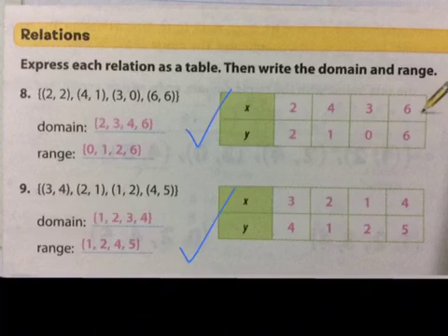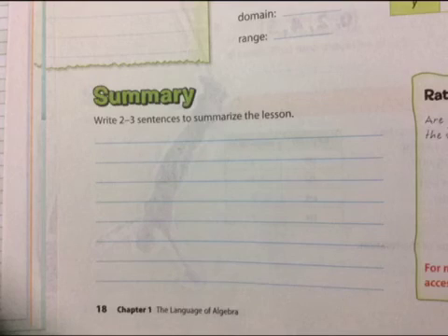Let's write a summary. Okay, for this one, I'm just going to tell you what to write, or give you ideas on what you can write, and you go ahead and write whatever you think is important. But I know that we learned that the x-coordinate is the domain, and the y-coordinates are the range. Okay, we learned about listing, always looking for the x value first, and then the y vertically.